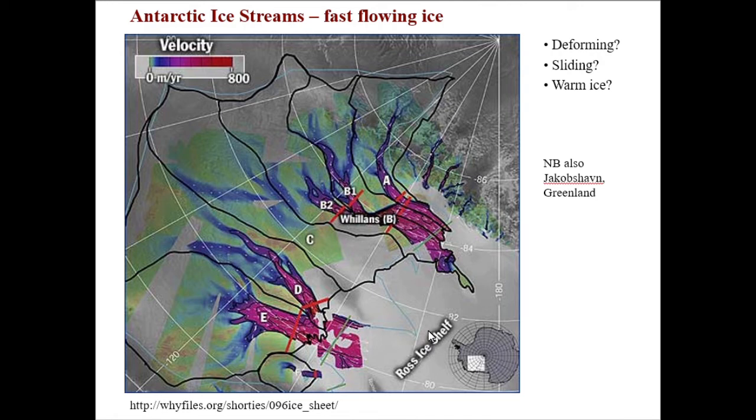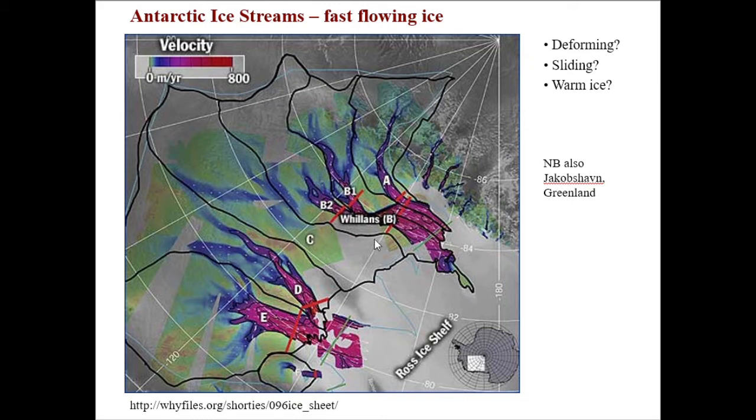These used to be named just by letters, ice stream A, B, C, D, E, etc. But more recently they've been given names associated with well-known glaciologists. But this map again shows in some detail the velocity variations between ice within these fast-flowing zones and ice outside the fast-flowing zones.